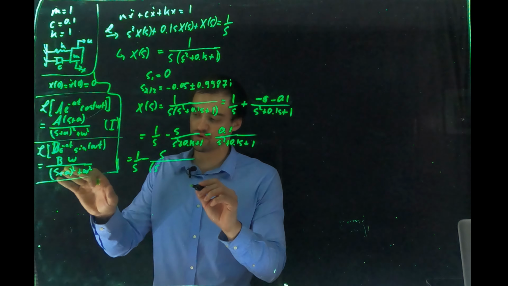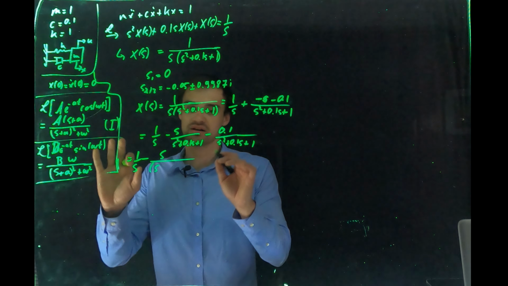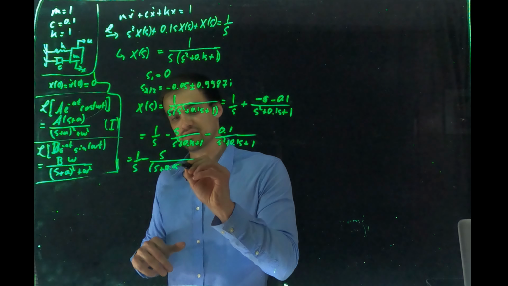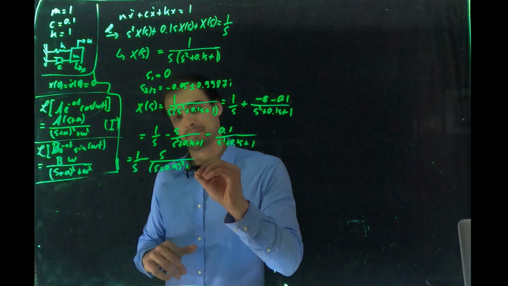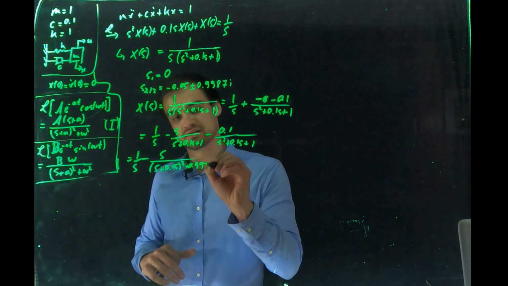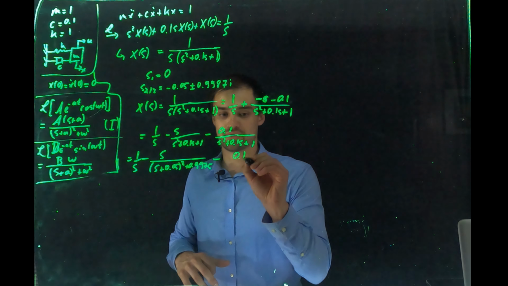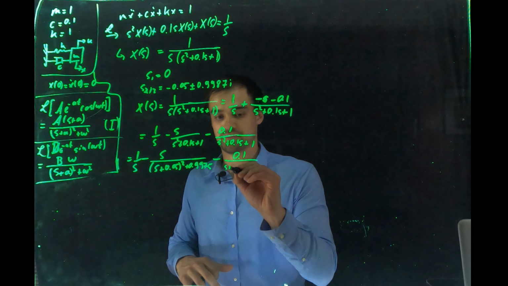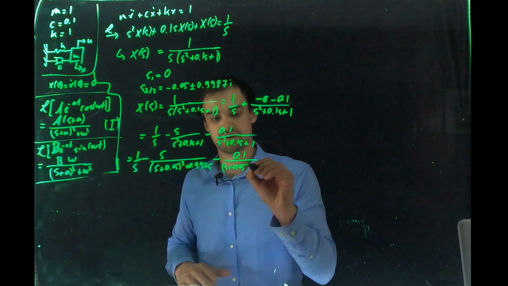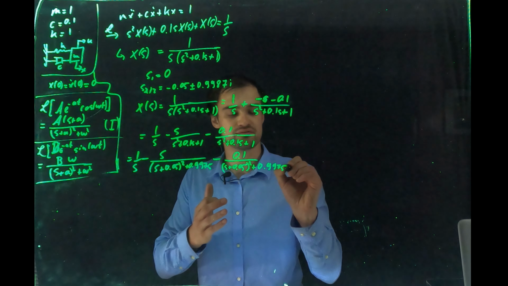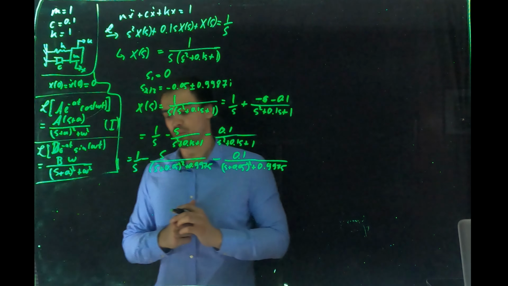Remember, I want to have it in the form kind of like this, s plus a in brackets and then squared, s plus 0.05 squared plus 0.9975. And I can do the same thing on the right side here. s plus 0.05 squared plus 0.9975.